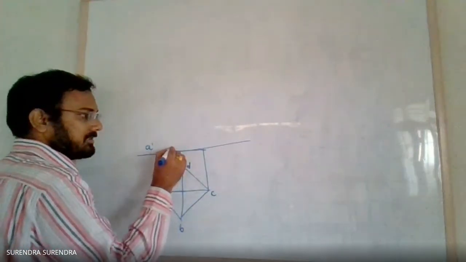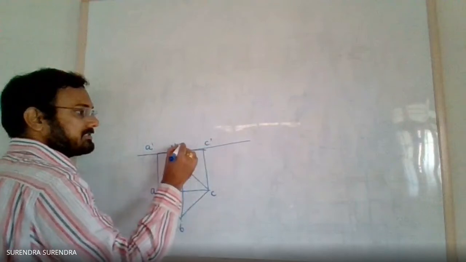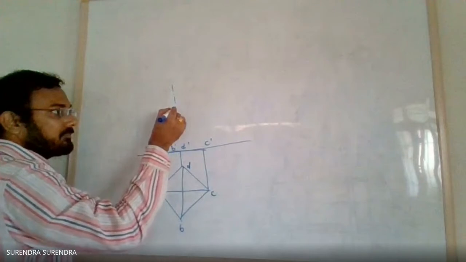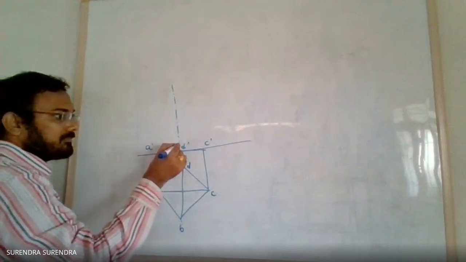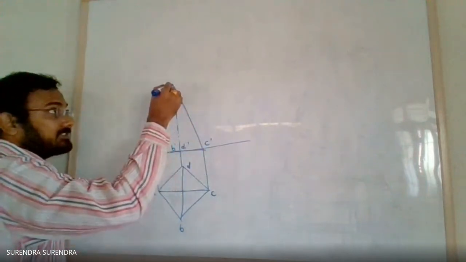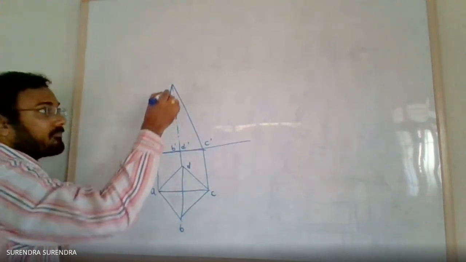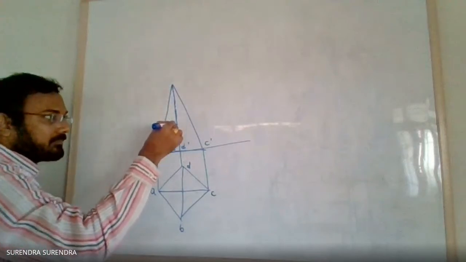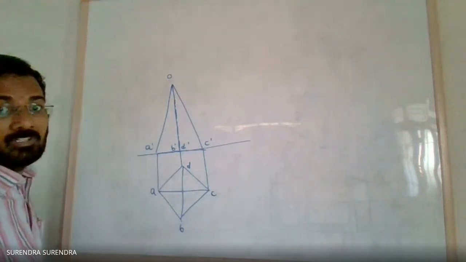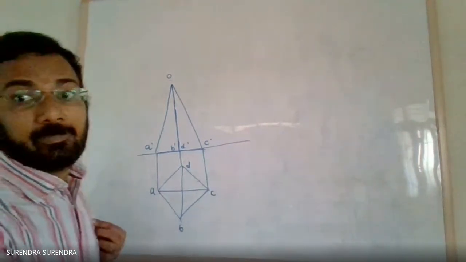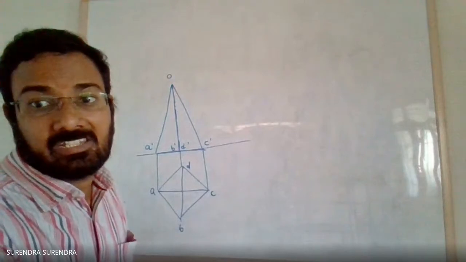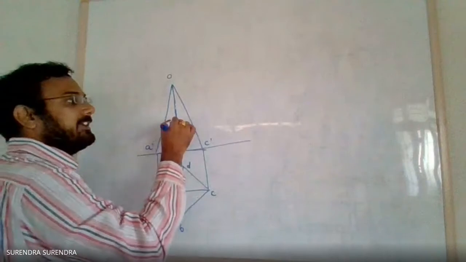A dash, B dash, C dash, D dash. Join all the base corners to the apex: AO, BO, CO, DO. Now, it is cut by a section plane bisecting the axis inclined at 30 degrees to the base.